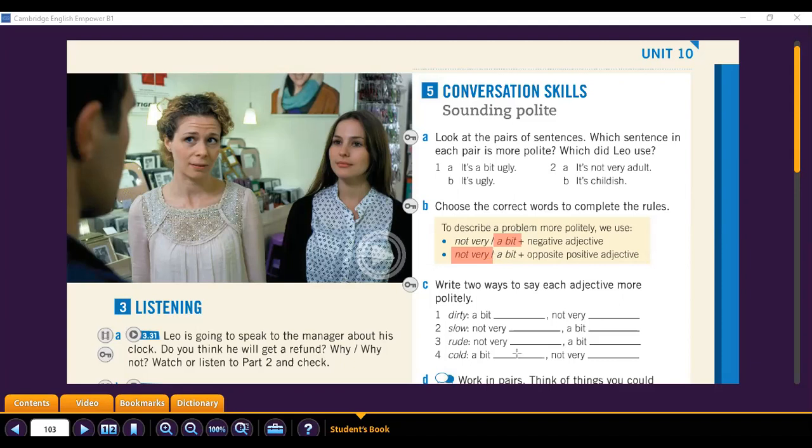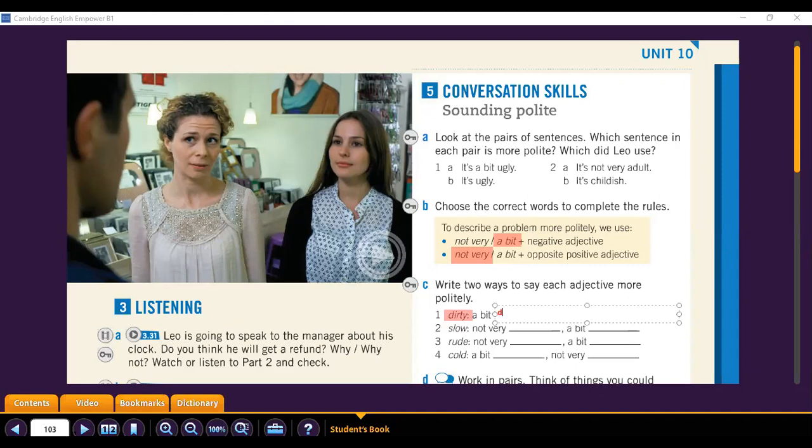A bit. ¿Qué utilizaríamos después de la número 1 en a bit? Tenemos aquí nosotros el adjetivo dirty, que significa sucio. ¿Cómo utilizaríamos? Thank you, Madeline.